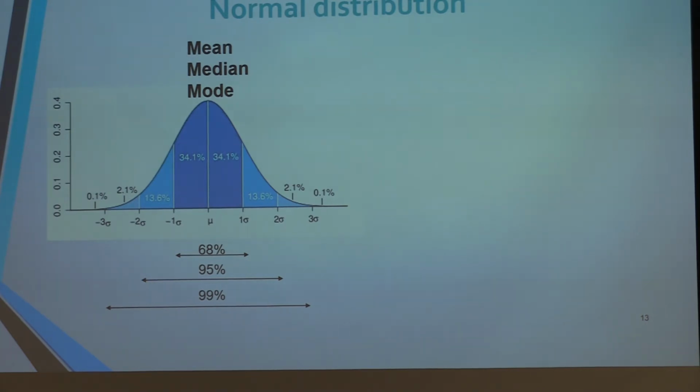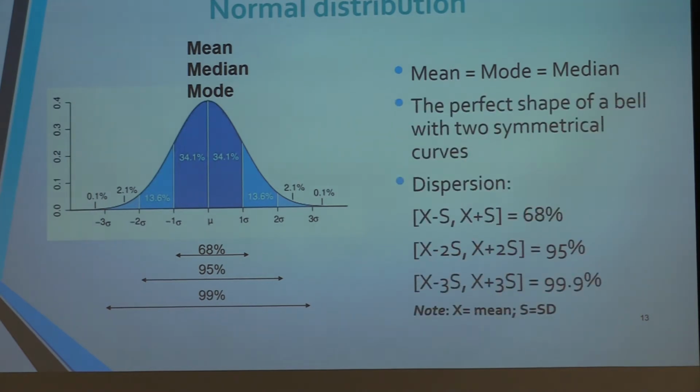So it means 68% of all the values will be situated within one standard deviation of the mean. Do you understand? This is one standard deviation from the mean. This is one standard deviation, the distance. Okay. So you got lost. So dispersion, okay.